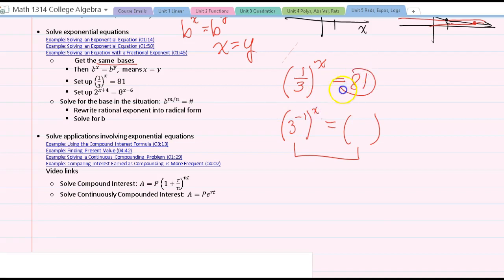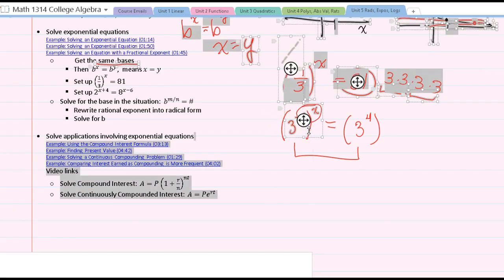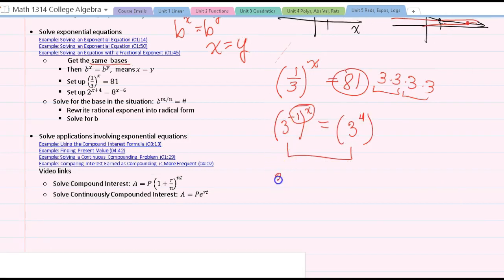And then think about 81 being 3 times 3 times 3 times 3, or 9 times 9. So this is the same thing as 3 to the 4th power. So notice that when we have a power of an exponent, then we can say this is the same thing as 3 to the negative x, and this is 3 to the 4th power. Since I have the same base, then I can say our exponents are equal, and we can actually solve for x in that manner.